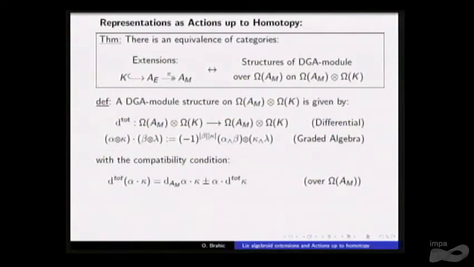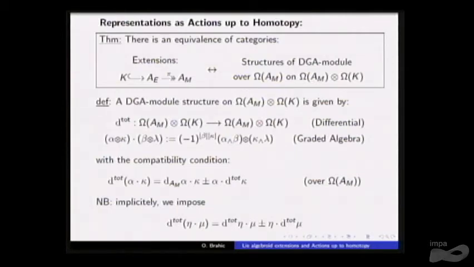So if you know representations up to homotopy, that's the condition that's appearing here. That's really the condition where you have a graded vector bundle, and you have a differential on this tensor product, and what you want is that this d dot appear. So that's really the condition. Note that implicitly I'm imposing that this d dot, of course, is going to be a DGA.